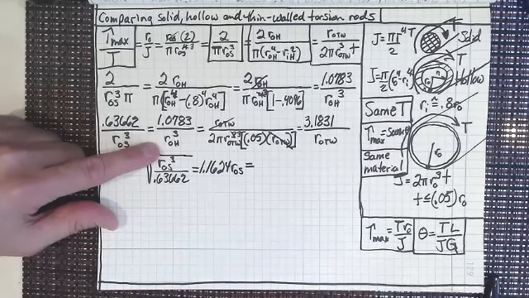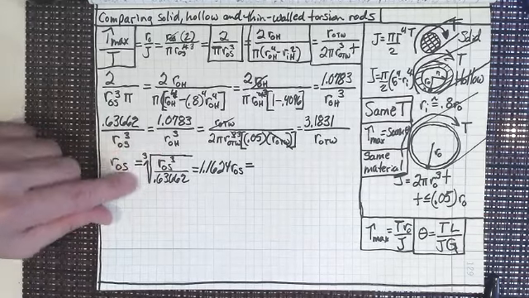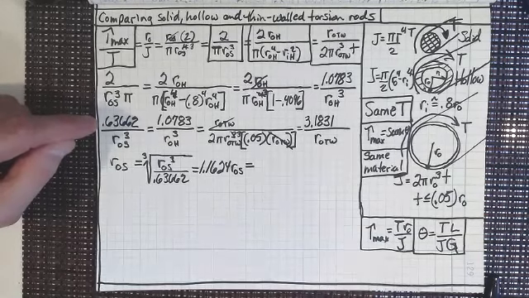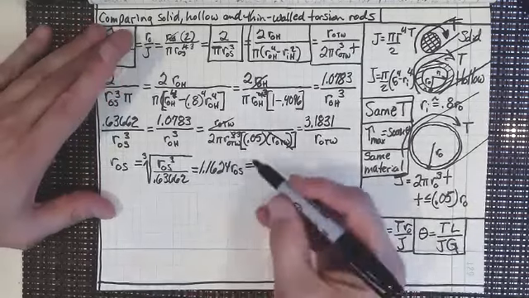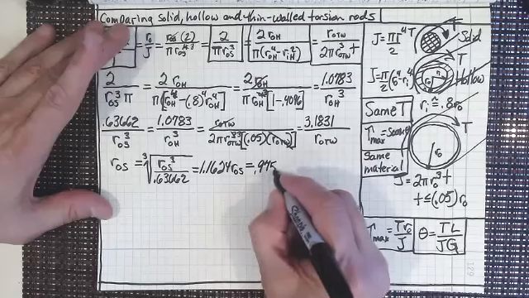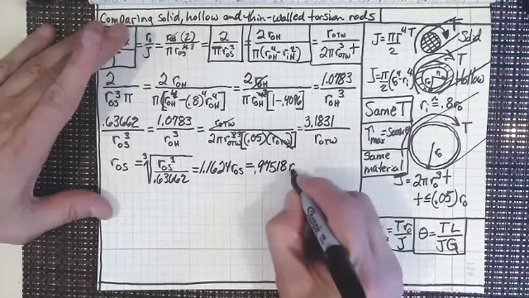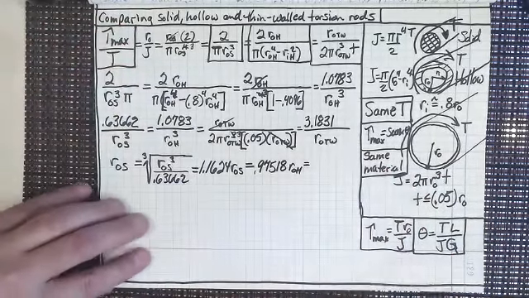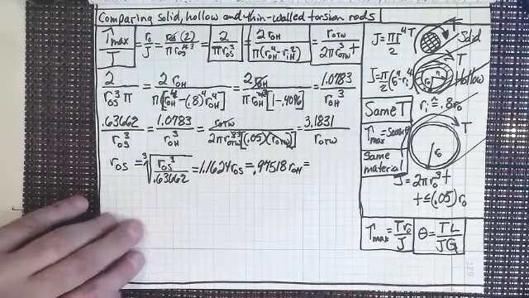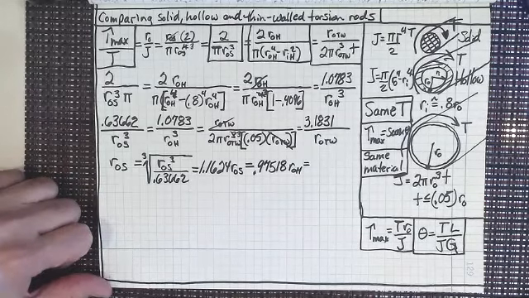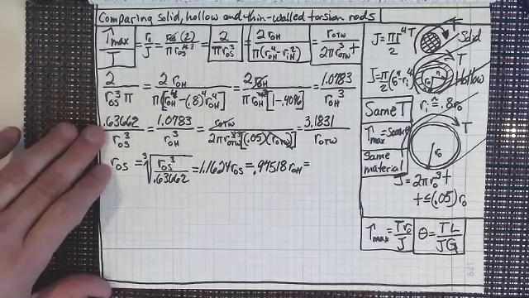So 1.0783 to the reciprocal, and then to the cube root gives me 0.97518 R outer of the hollow torsion rod. And then the last one I've got is, let me just see.